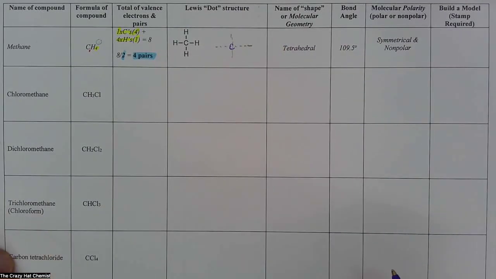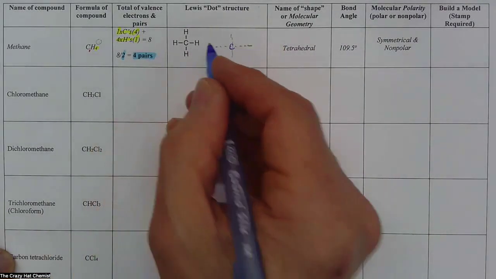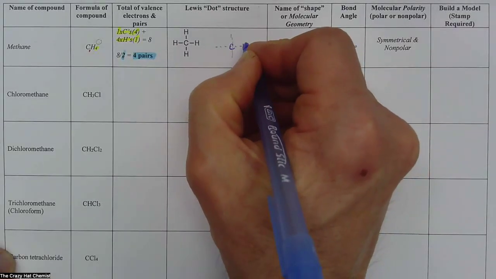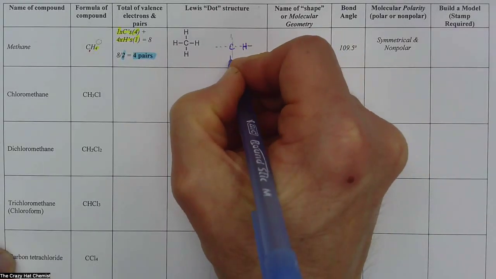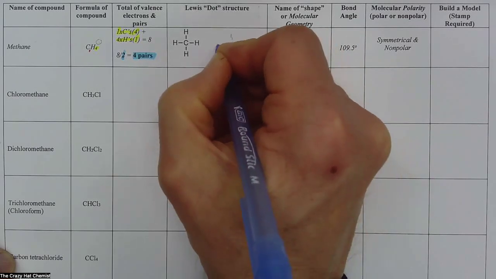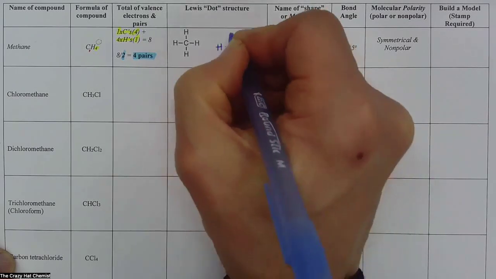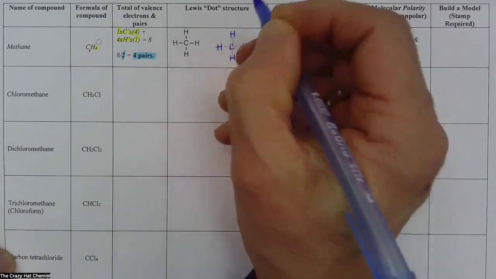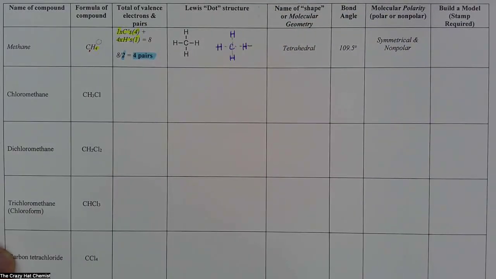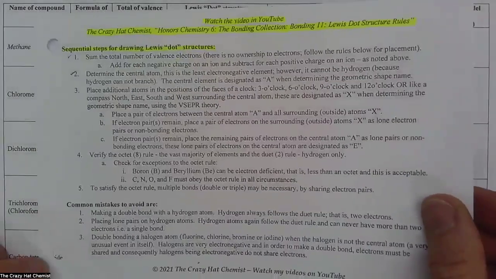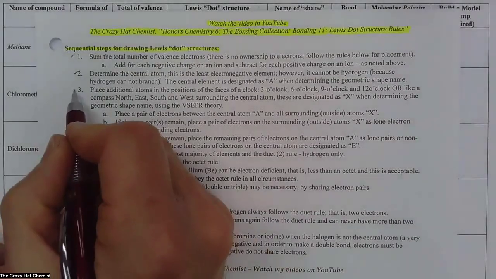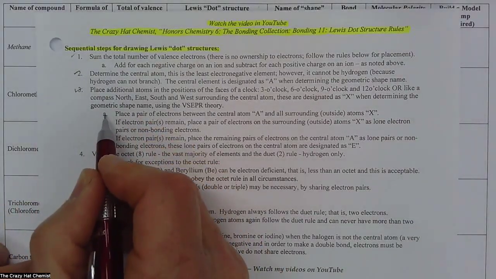The elements we have remaining are 4 hydrogens. That goes in the 3 o'clock position, the 6 o'clock position, the 9 o'clock position, and the 12 o'clock position. Perfect. So we've done 3. Now we're going to do 3A.